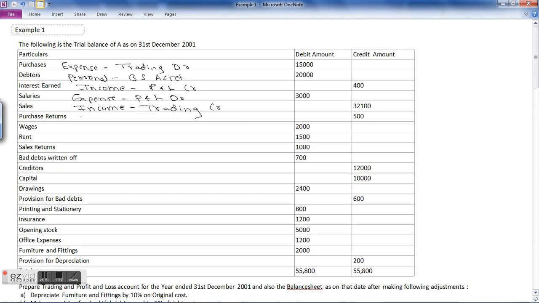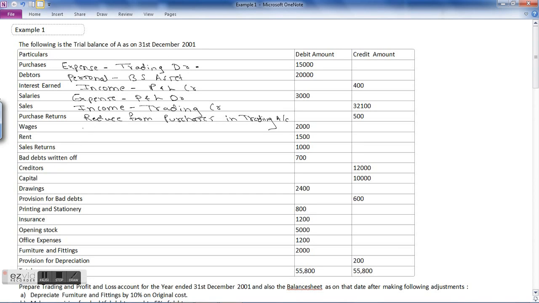Now this will reduce our cost of goods sold or purchases. So we will reduce it from purchases in trading account. Here we have to reduce it from purchases.